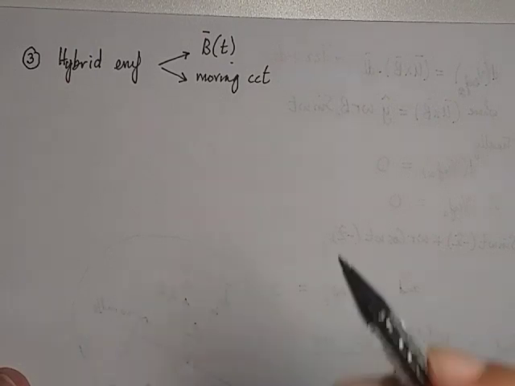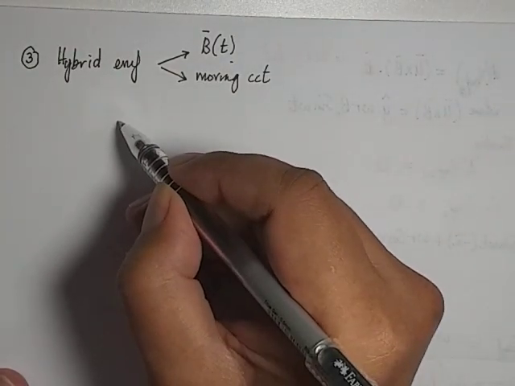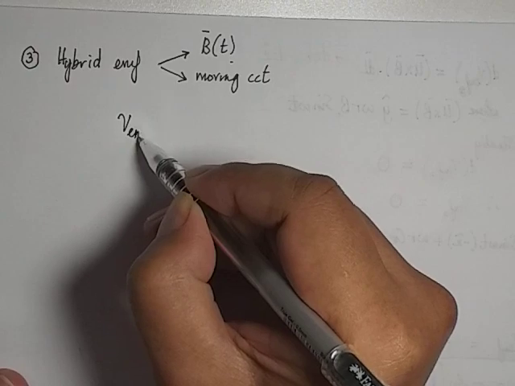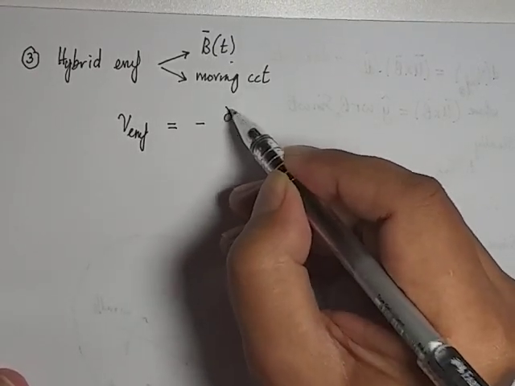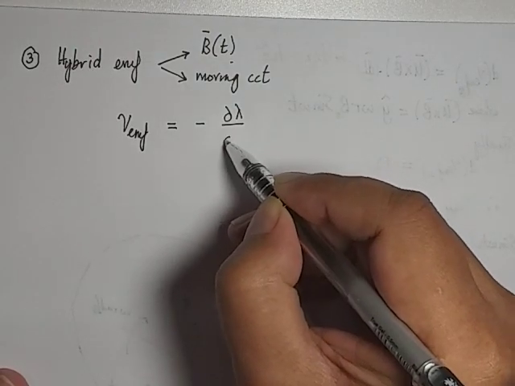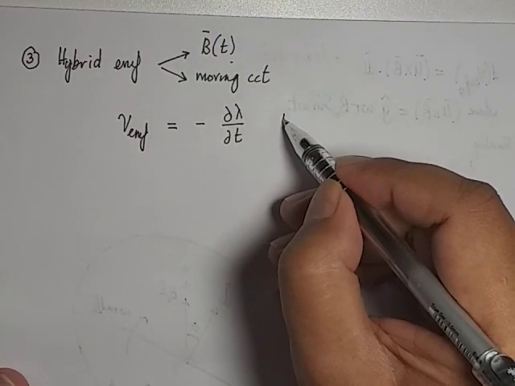With this particular case, what you have to do to find the EMF is very simple. You can use the typical method we saw before, negative flux linkage over dt. So this is method number 1.